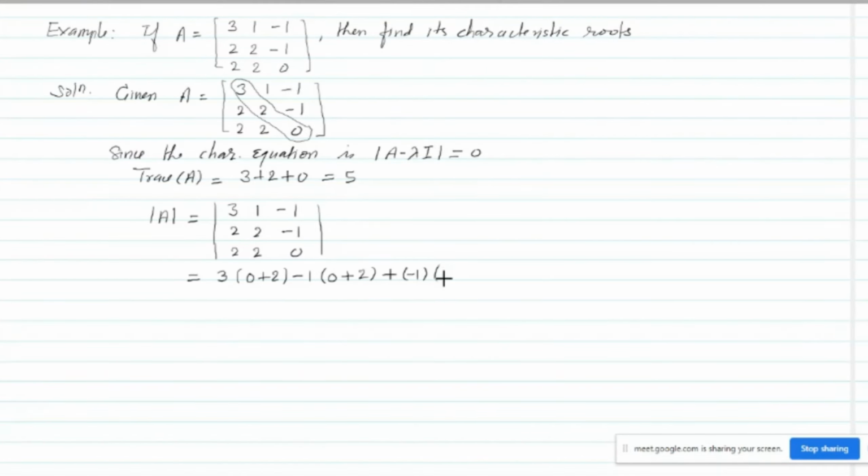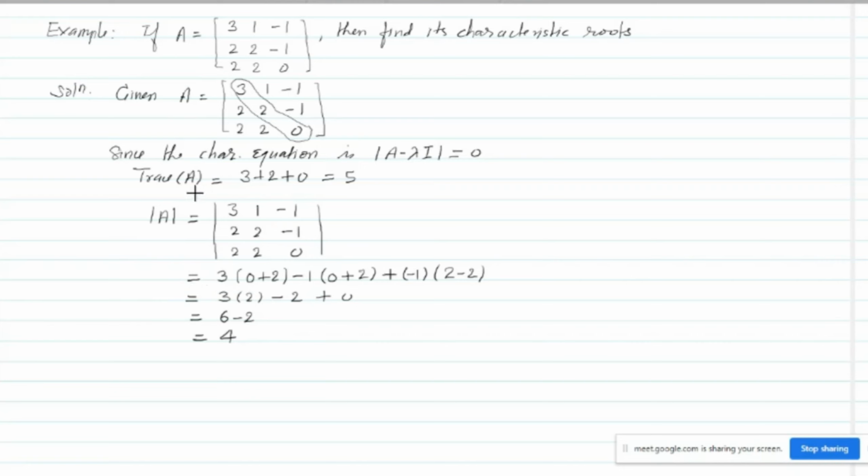Cross multiplying gives 4. So 3 times 2 is 6, minus 2, that is 4. So the determinant of this matrix is 4.